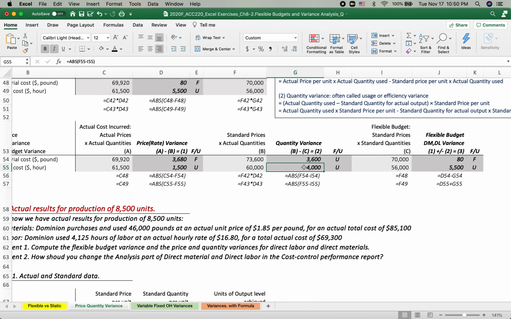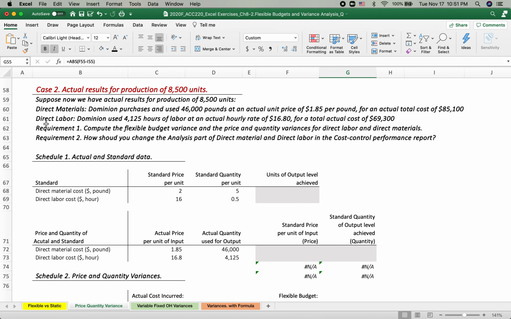Suppose now we have actual results for production of 8,500 units, and we have the bunch of this information for the direct material cost and direct labor cost, the actual price and the standard price and the standard quantity, but at a different level, 8,500.